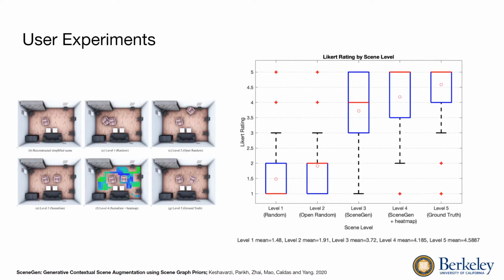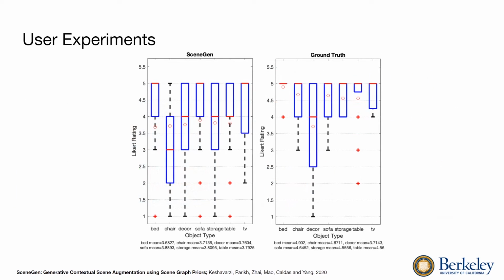You see a pretty small difference between our system and the ground truth. I guess this shows that our system is generating some plausible scenes from the perspective of our participants in our user study. Now, we can also compare SceneGen with the ground truth, not only in terms of the general placement, but also by object category.